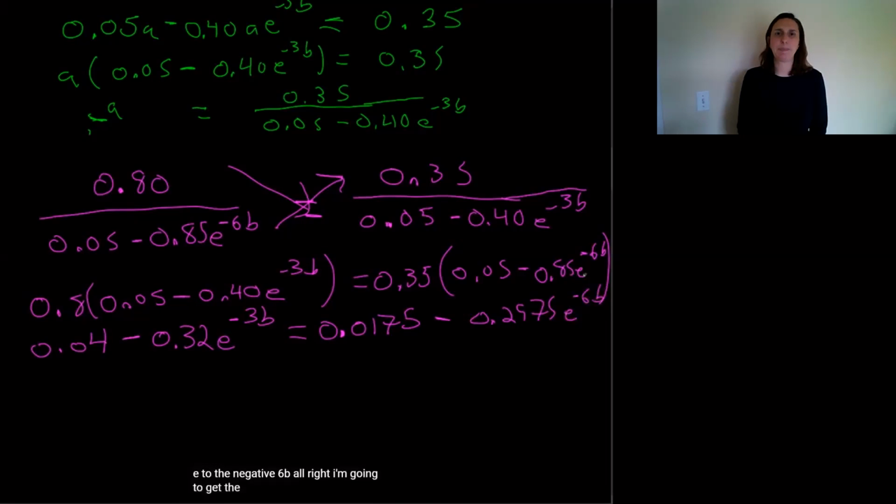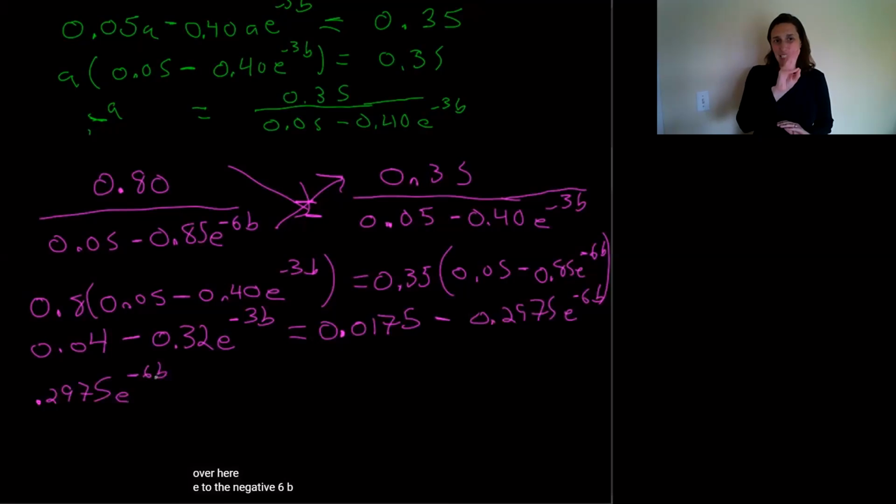All right, I'm going to get the terms that have e together. And I'm going to do that by adding this to both sides. So I get 0.2975. It's going to be positive coming over here. e to the negative 6b minus 0.32 e to the negative 3b.